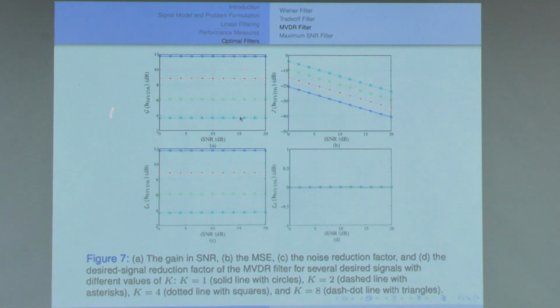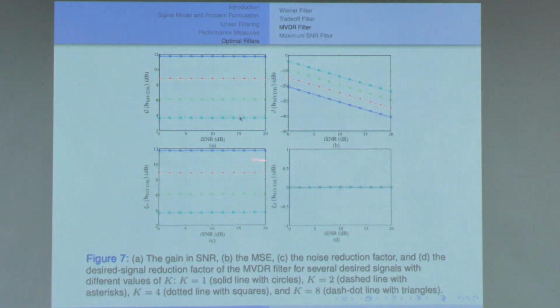What happened with the gain in SNR? The gain in SNR necessarily decreases because x remains the same. We reduce less noise, so the output SNR decreases. What happens with the MSE, the mean squared error?